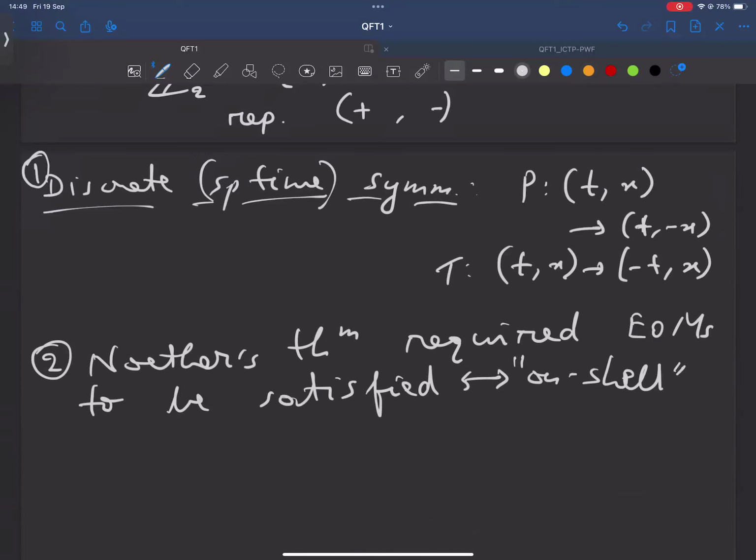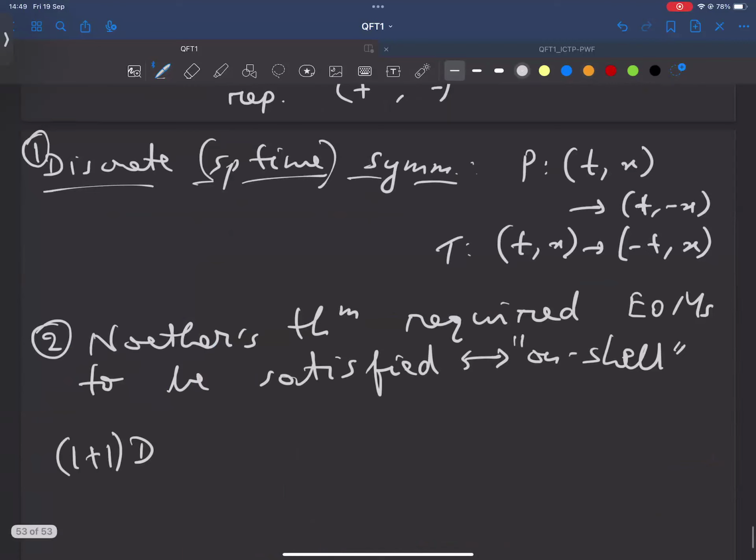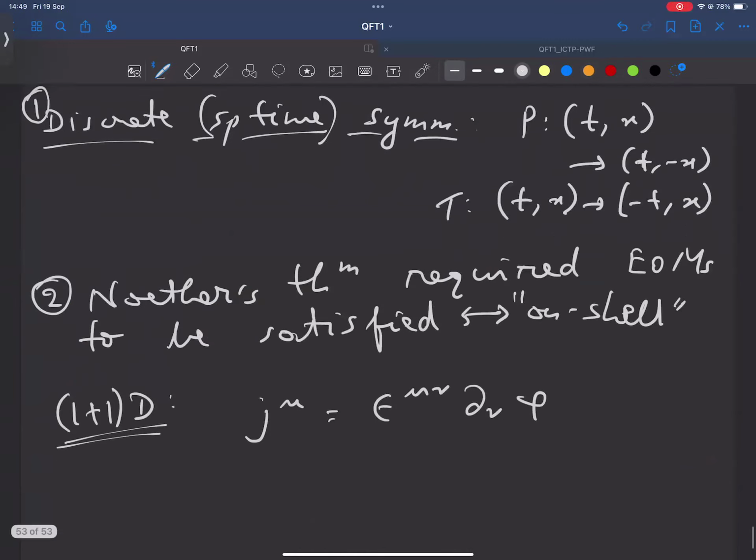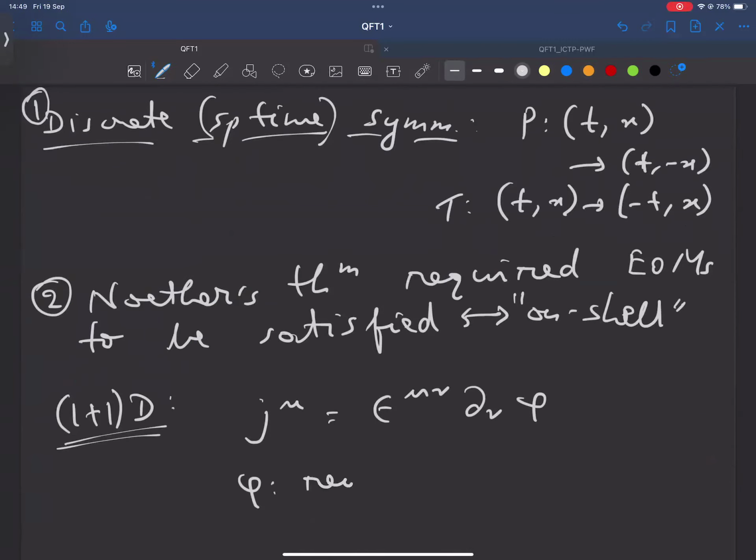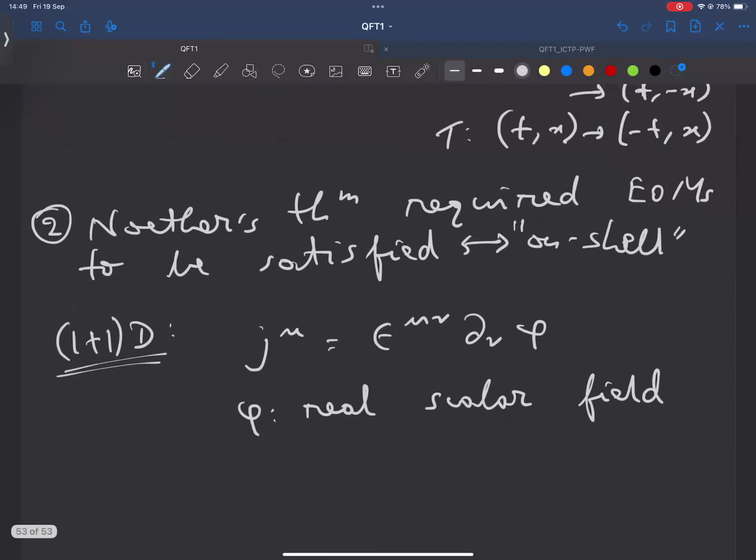However, let's look at 1 plus 1 dimensions. In 1 plus 1 dimensions, you can define a current like this: epsilon mu nu del nu phi, where phi is some real scalar field. Now, what is this epsilon?